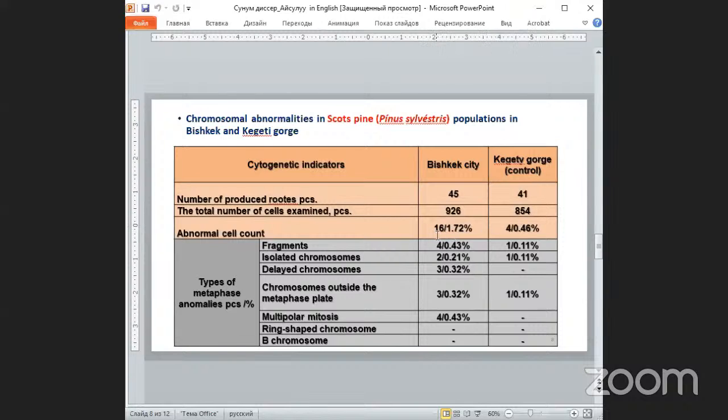So 16 cells in Bishkek city were abnormal, and only 4 cells in Kegeti Gorge had abnormalities. Also, we can see here the types of metaphase anomalies in these cells, and most of them were fragments of chromosomes and multipolar mitosis.